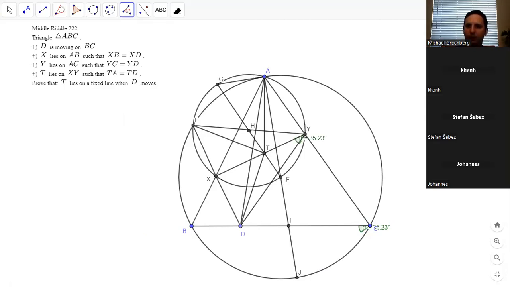Yeah, so BJC is similar to XFY. But can we prove it if we don't know the circle exists? That's the thing.